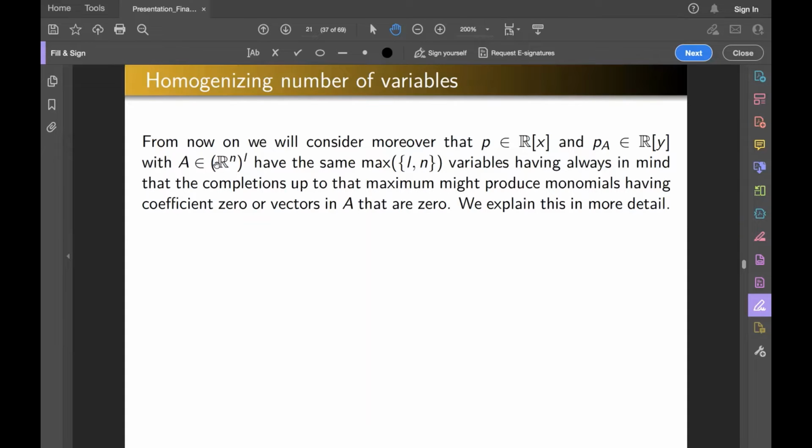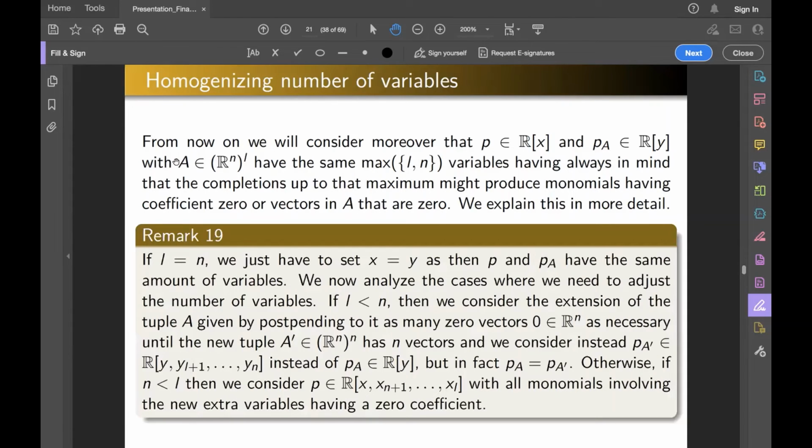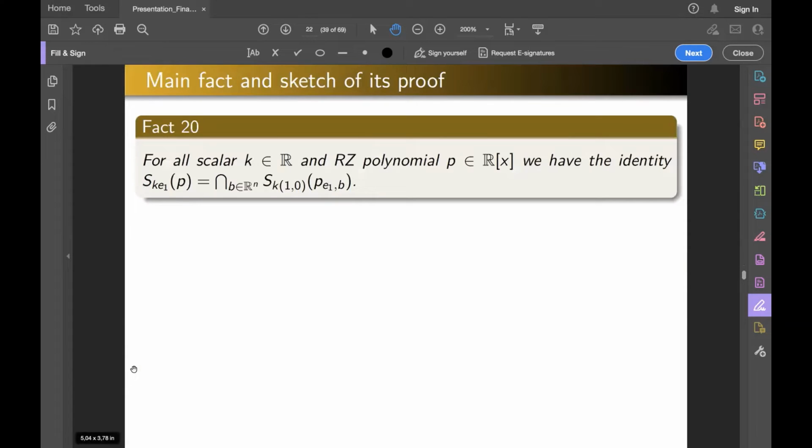This is because for the set A, I allowed that A has more than n different vectors. Then one polynomial can have more variables than the other. You say that we homogenize the number of variables, and this is the main fact.